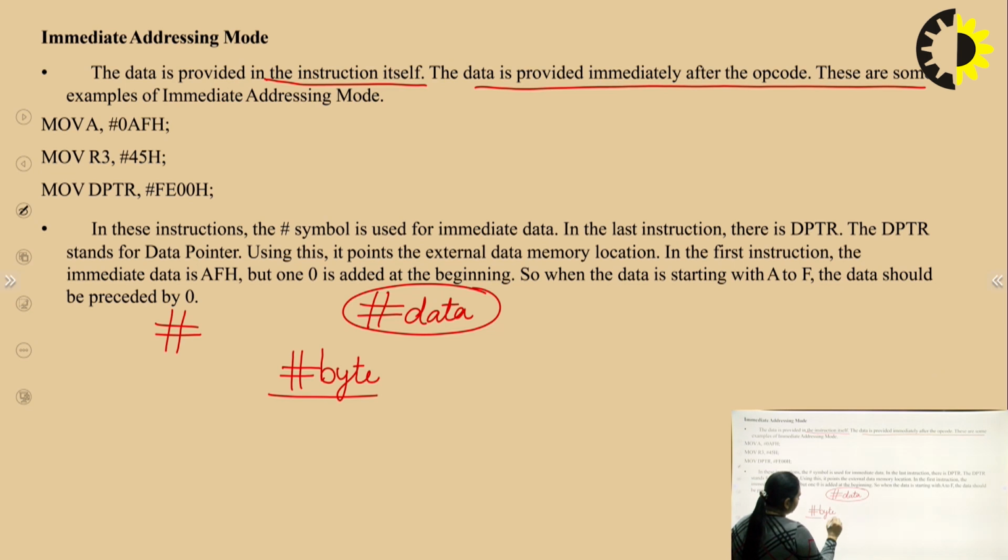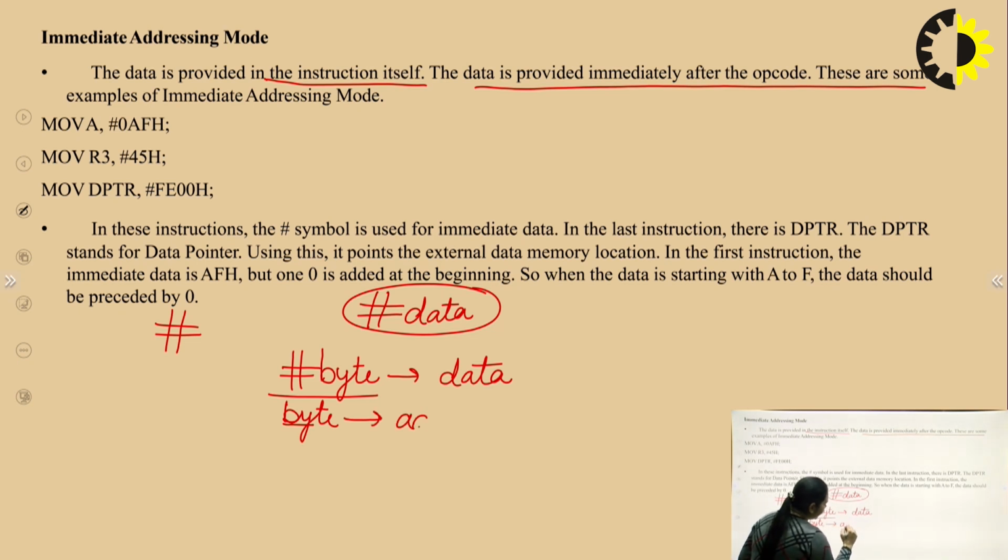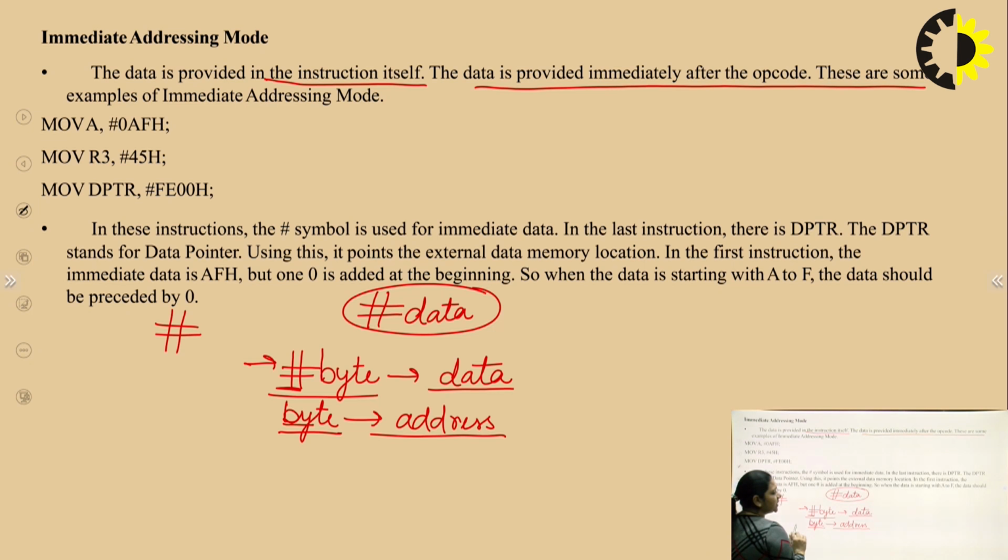This will be used as data, and if a byte is given without a hashtag, it will be treated as an address. So a byte preceded with a hashtag is used as data, and a simple byte is used as an address.